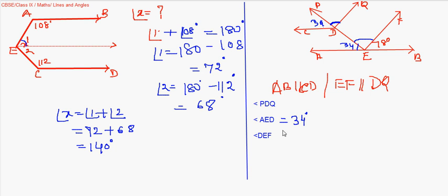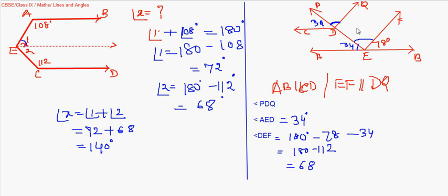Now angle DEF is 180 minus 78 minus 34, because AEB is a straight line and that is divided into AED, DEF and FEB. So 180 minus, this is going to be 112. 180 minus 112 is giving us 68.